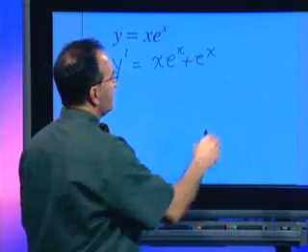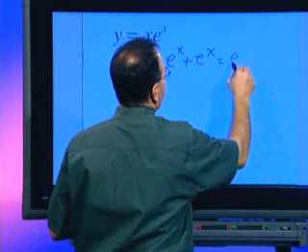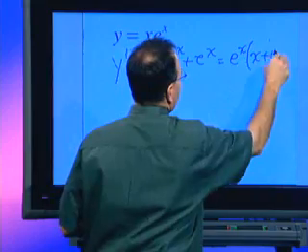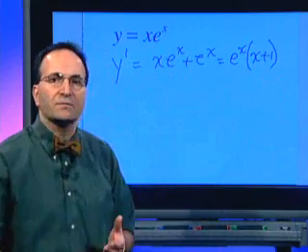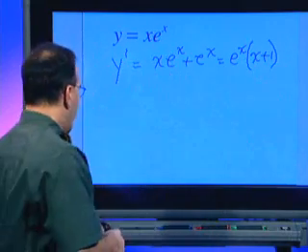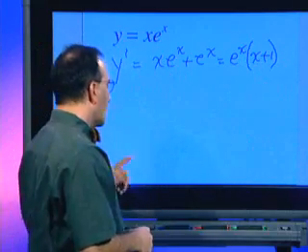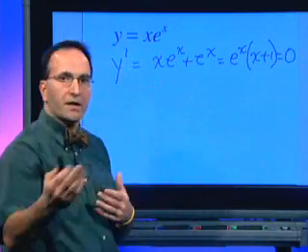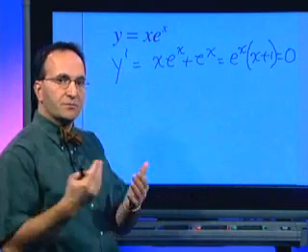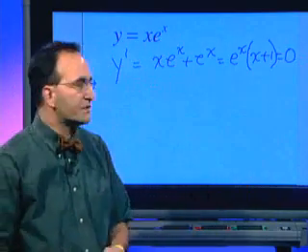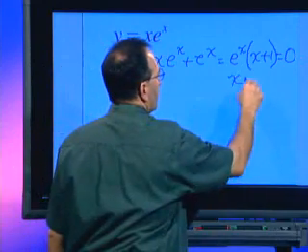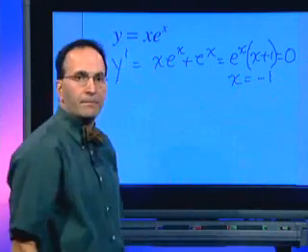And I can simplify that a little bit by factoring out the e to the x, which leaves me with x plus 1 in parentheses. And then what I can do is set that equal to 0, because using the second derivative test, we need to know when is the first derivative 0. Well, when is it 0? It's 0 when x equals negative 1.